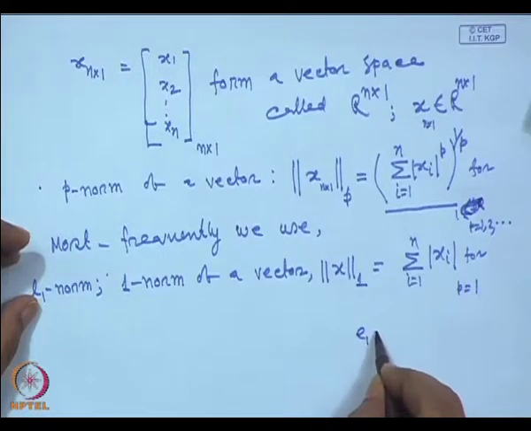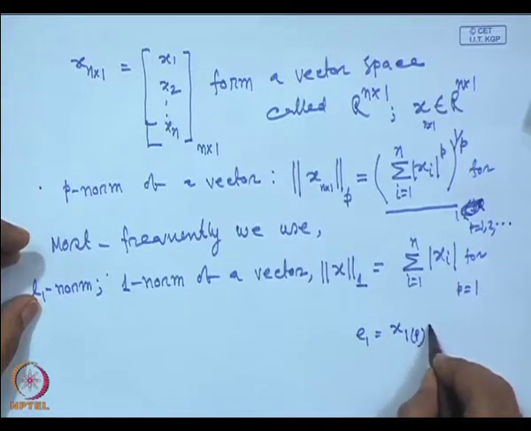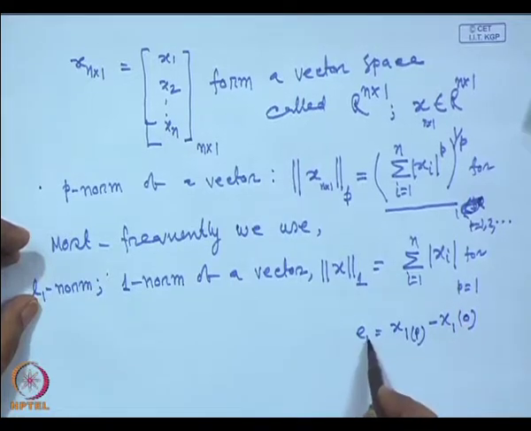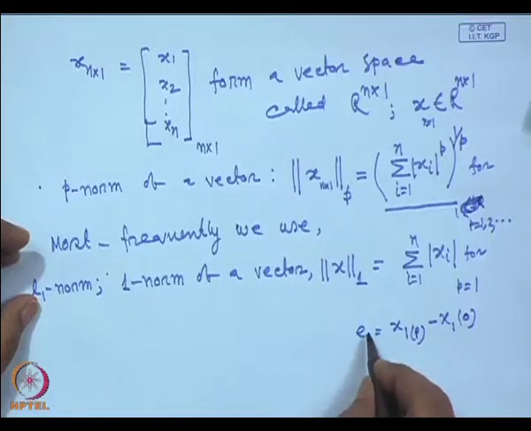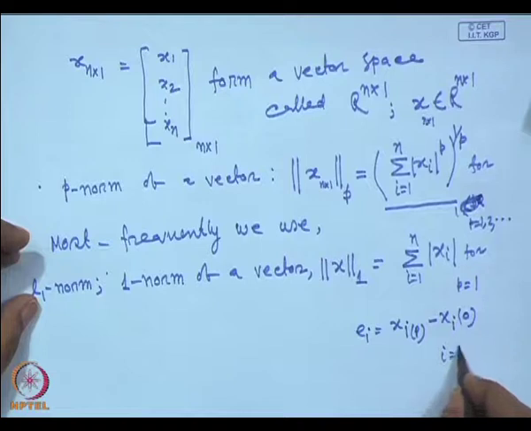Let us call E 1 the present value of x 1 minus the old value of x 1. Similarly for x 2, with i going from 1 to n.